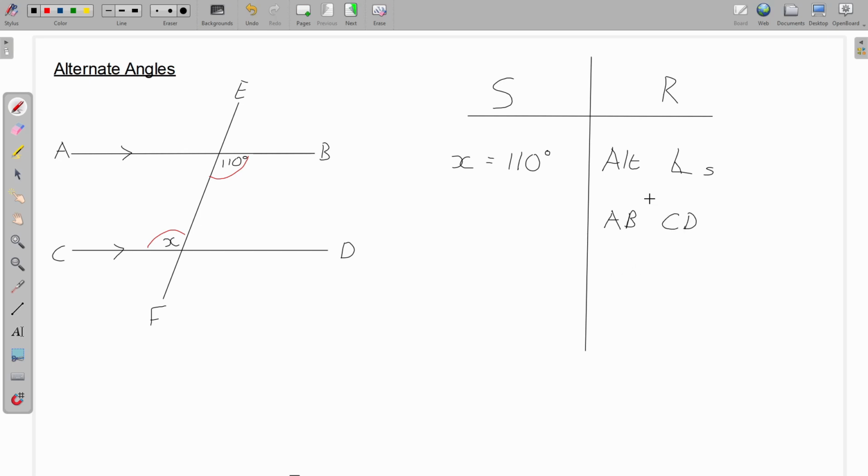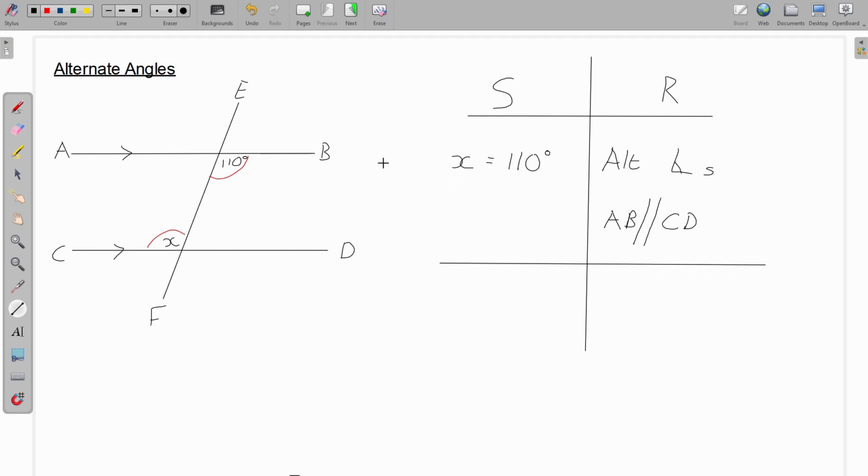And our symbol for parallel, two diagonal lines next to each other. So in summary, x is equal to 110 degrees because of alternate angles, and the parallel lines in question, AB is parallel to CD.